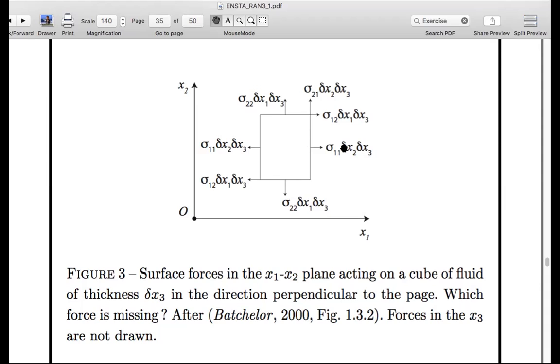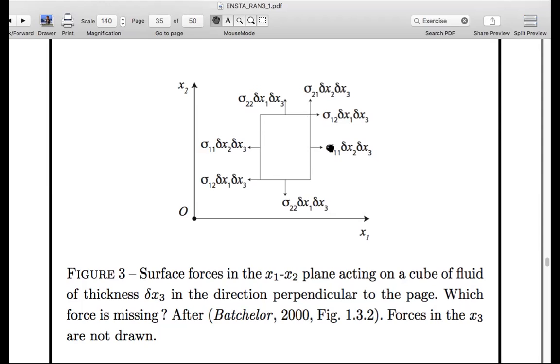So that's that force. But then there are the two tangential forces, one in the z direction that we'll ignore. And then there's the tangential force on this surface, which is in the x2 direction. So that's sigma 2, 1 times this area. Well, it's the same as this area. And then we've got the corresponding term on this side.